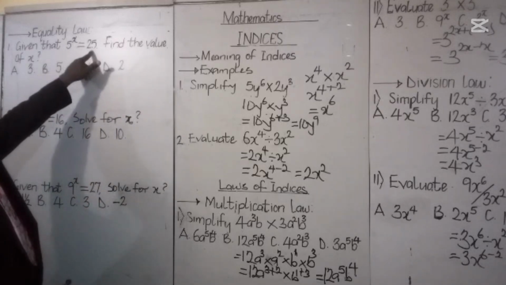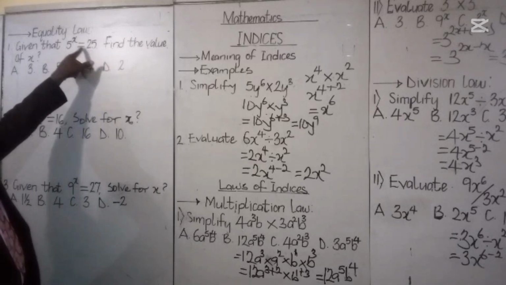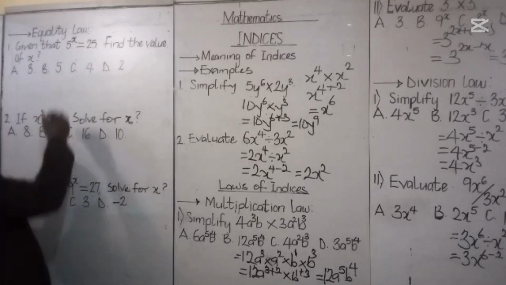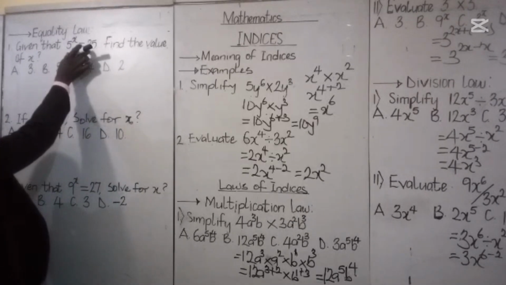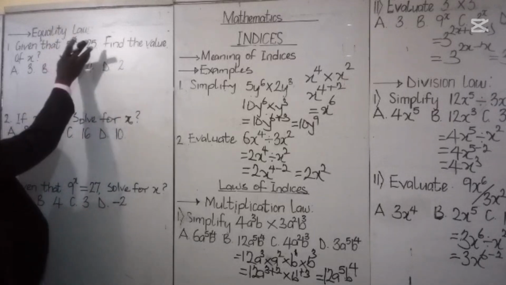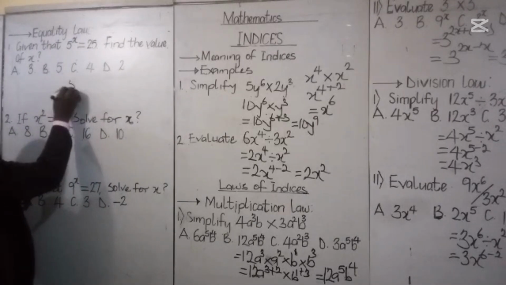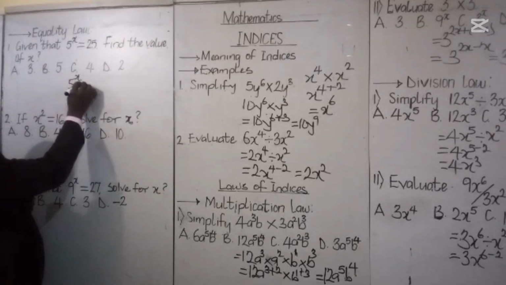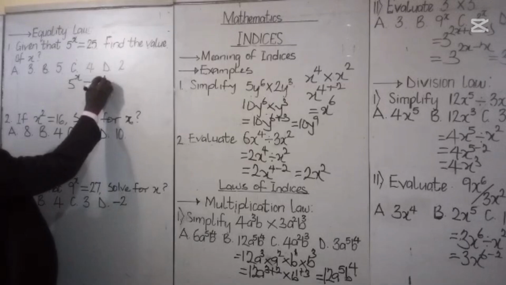This expression and this expression are connected together by equality. And the law says that when two expressions are connected by equality sign, the power or base that is formed can cancel out. Here is 5 raised to power x. 25 can also be changed to 5 raised to power 2.